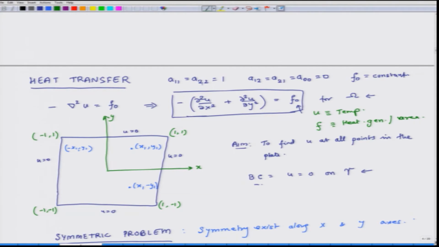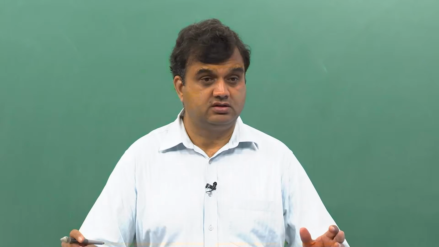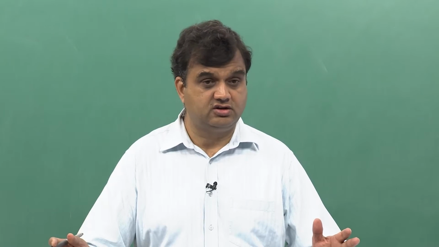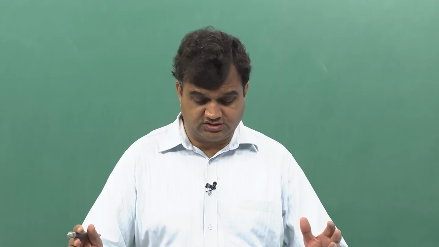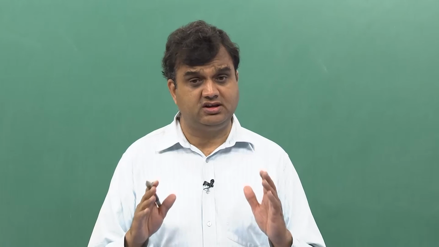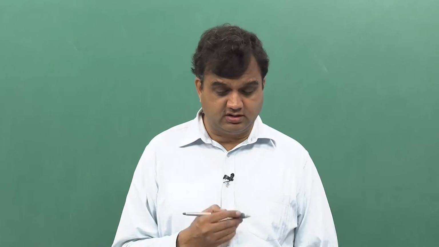So, again it is the same at all the places, so that is also symmetric. Only if all these four conditions are satisfied, we can exploit the feature of symmetry. If even one of these is not satisfied, then we cannot say that the problem is symmetric in nature. So, this is very important to understand. All these things have to be simultaneously true, then I can exploit the feature of symmetry.